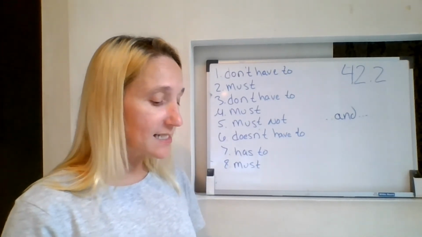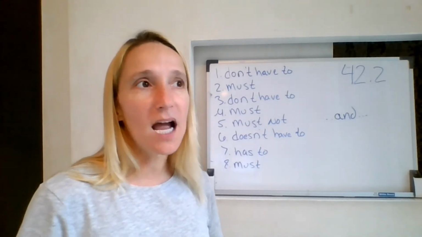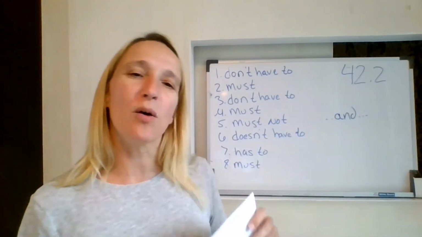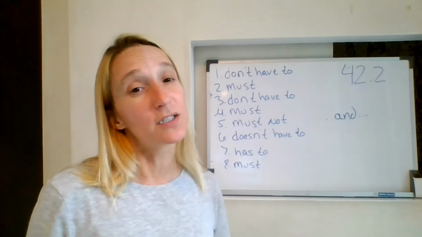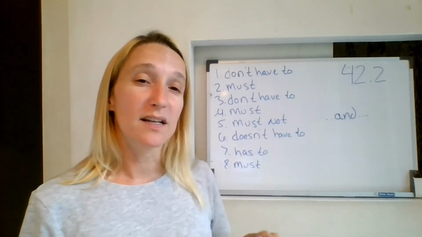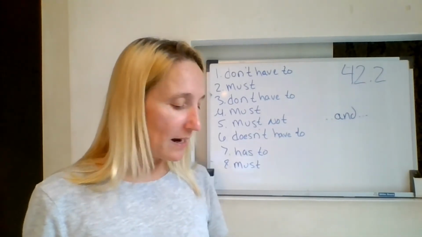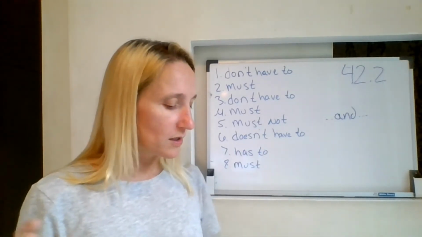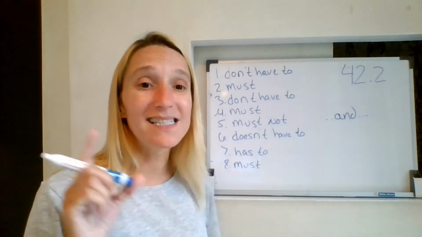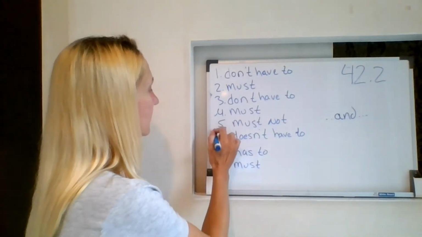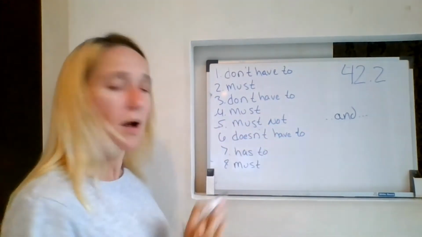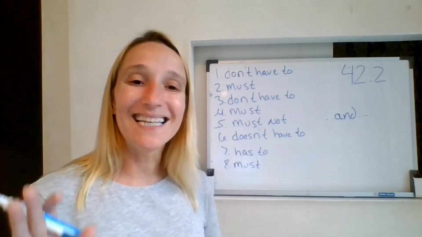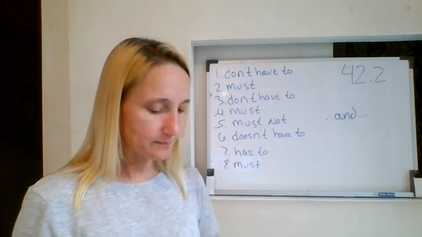It's not doesn't have to. Doesn't have to means you could, but you don't have to. But if you want to, then you could. It doesn't matter, right? But this is important. This is a broken ankle. So this is you must not. So the answer is must not. You must not walk on your broken ankle. It needs time to heal.